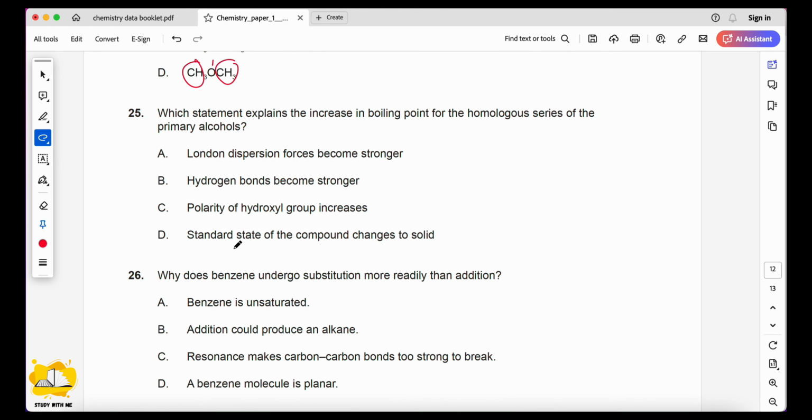So the molecular mass increases as well, leading to increased London dispersion forces. So CH2 increases, but not OH. That's why B is incorrect, but A is correct.